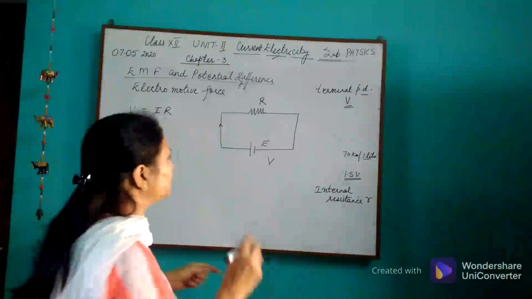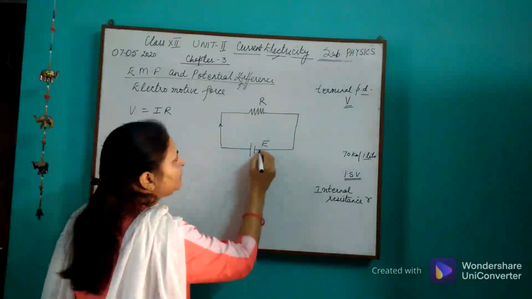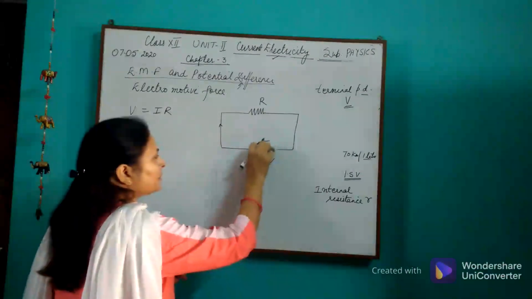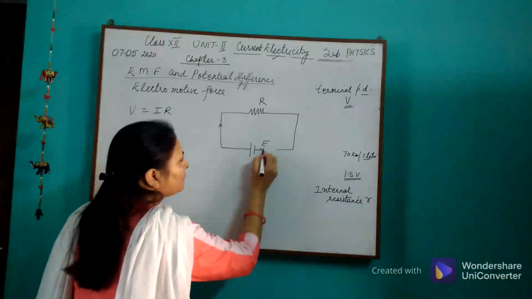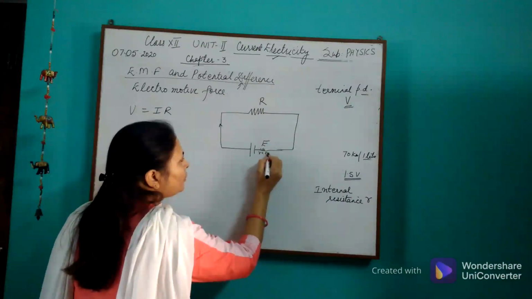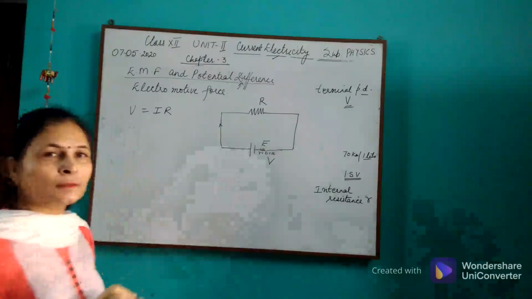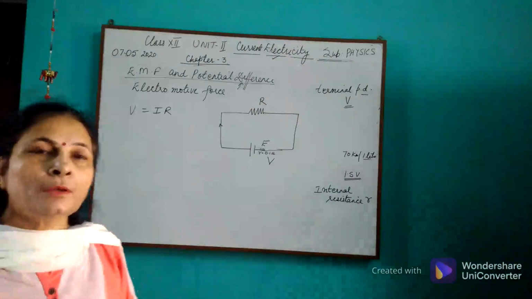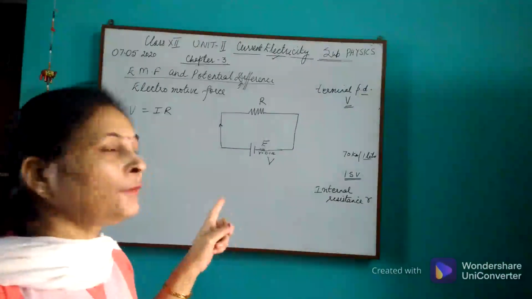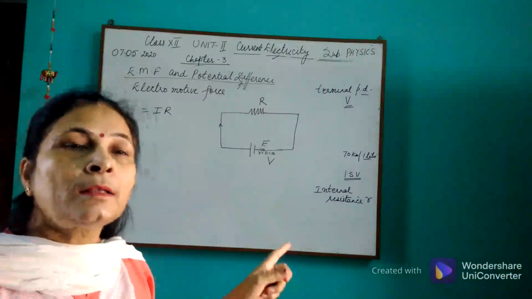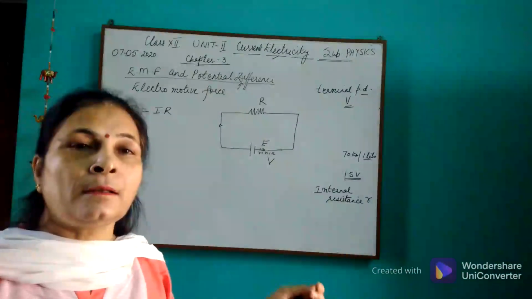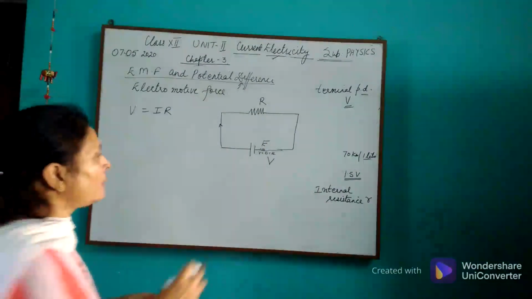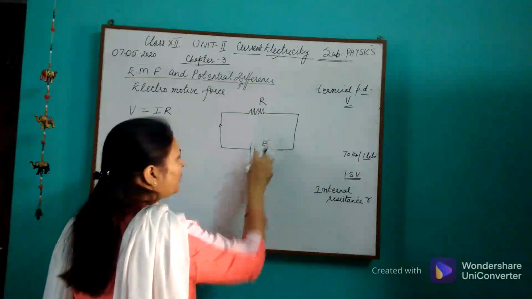Sometimes it is drawn adjacent to the cell in the circuit, and they'll just write it over here. Small r is say 0.1 or whatever the value. In the question they will give you that a cell of internal resistance r, say 0.1 ohm, is connected across an external resistance of given value. Or it may be denoted like this.